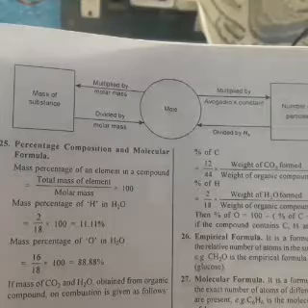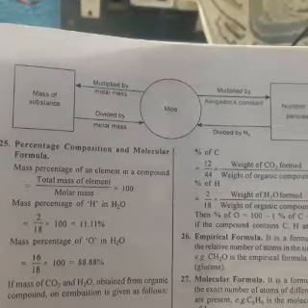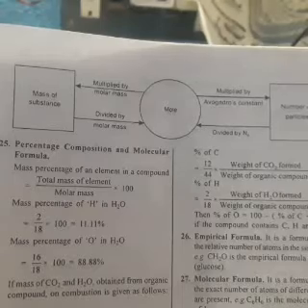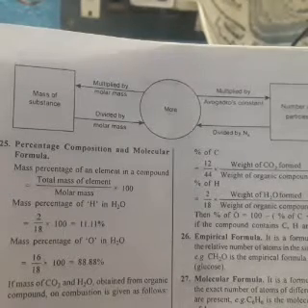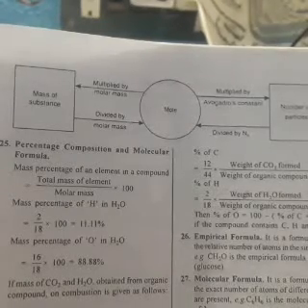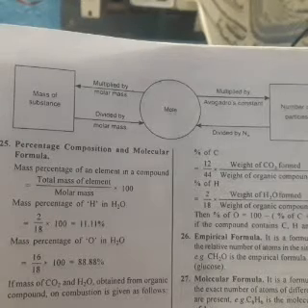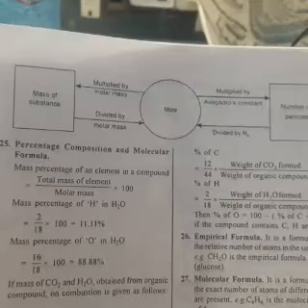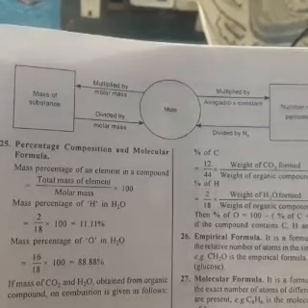Suppose I take the formula of carbon dioxide. Carbon dioxide molecular weight: carbon 12, oxygen 16 into 2, that is 32, plus 12, 44. So the molecular mass is 44. Now suppose you want to calculate the percentage of carbon and oxygen.